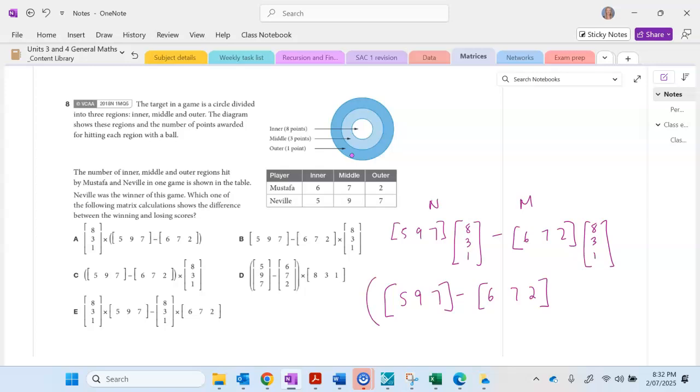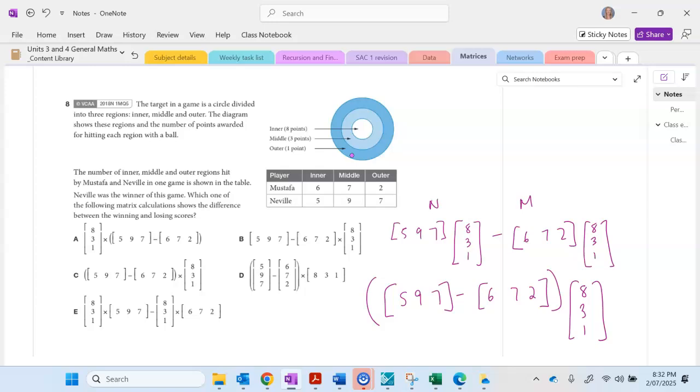That's going to tell us the difference between inner, middle, and outer between Neville and Mustafa. Once we do that, we can multiply that by 8, 3, 1.